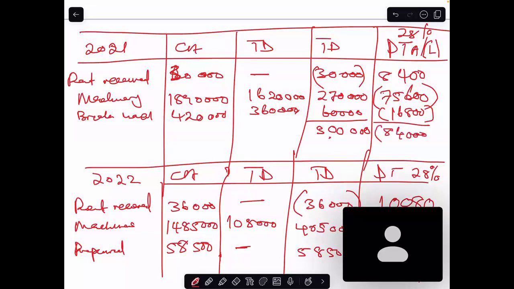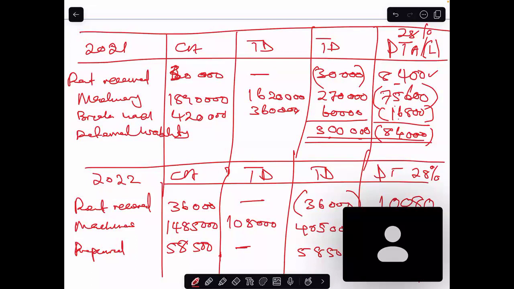You can confirm by adding these numbers. Add this and this and this. If they give you minus 84, your answer is correct. So conclude here: it's a deferred tax liability. You can confirm by adding your deferred tax column: 8,400 minus 75,600 minus 16,800. It should give you negative 84,000.